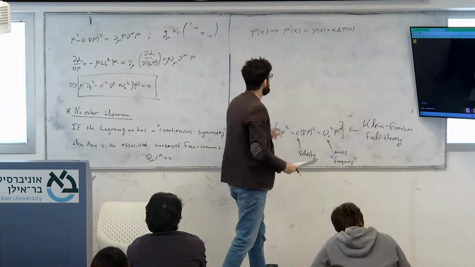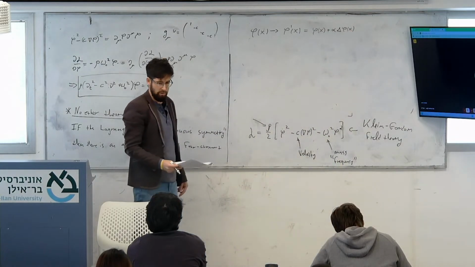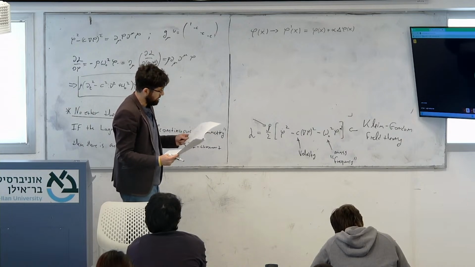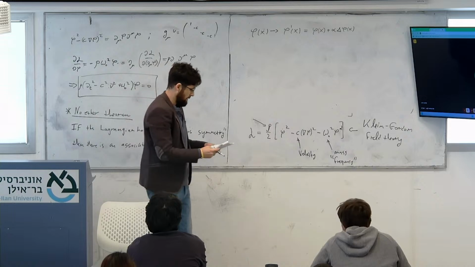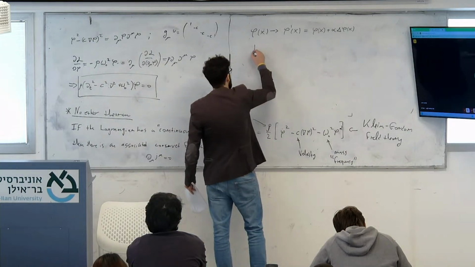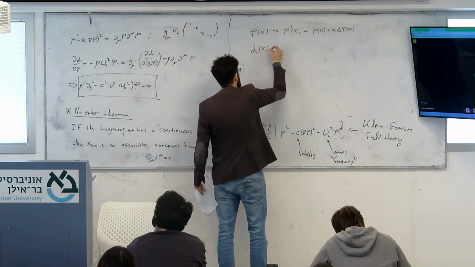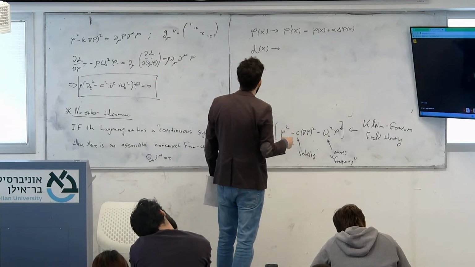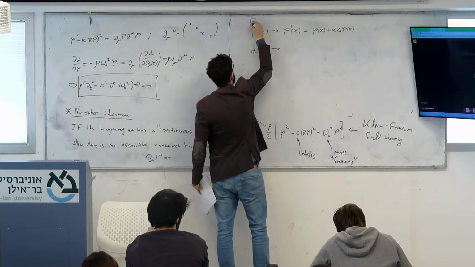Okay, so this is a small variation of the field. Then we expect that under this transformation. But okay, this is an example.